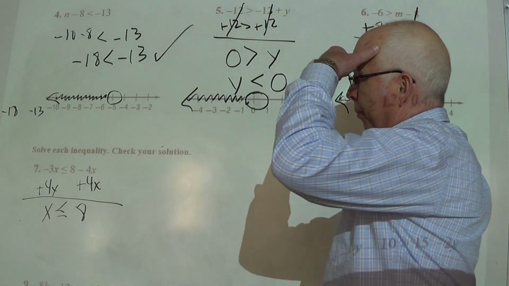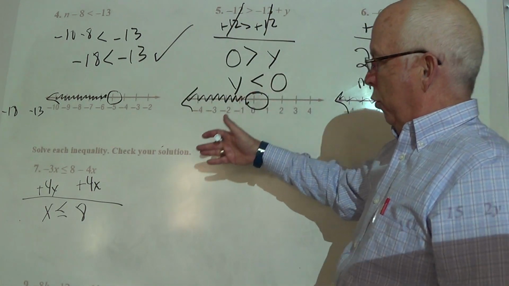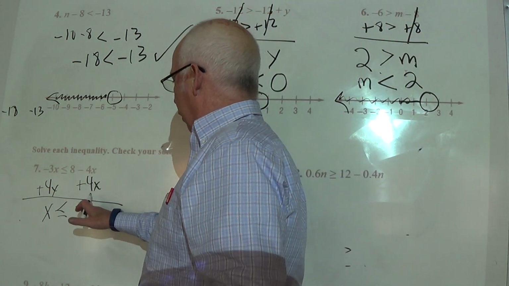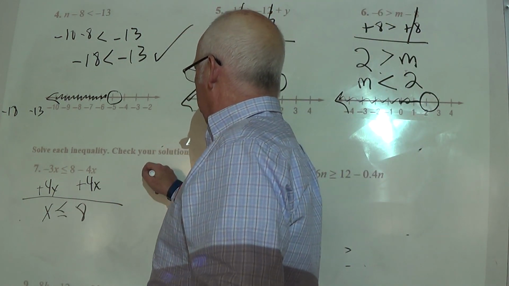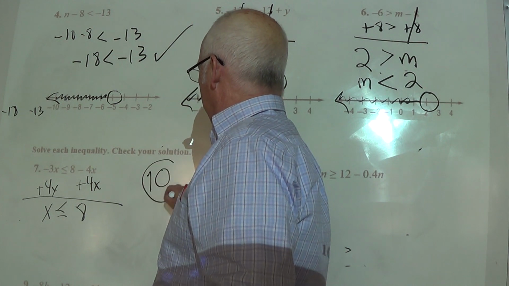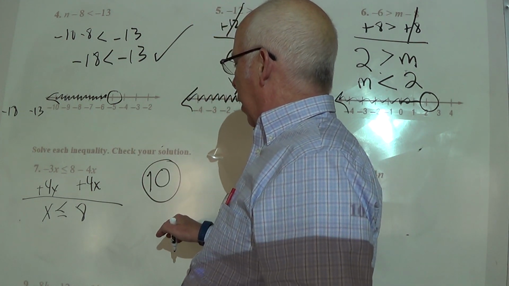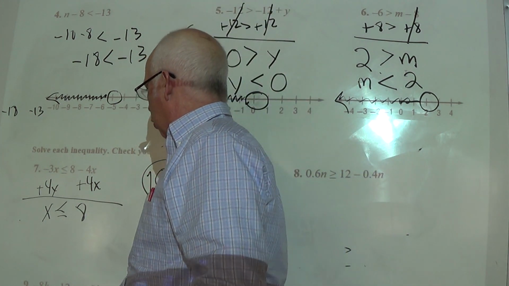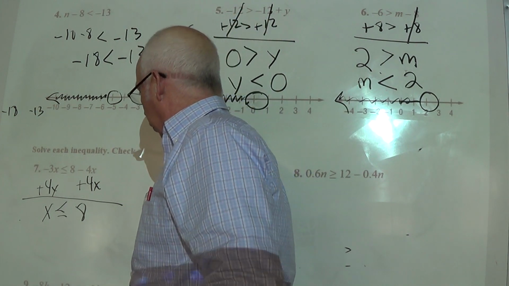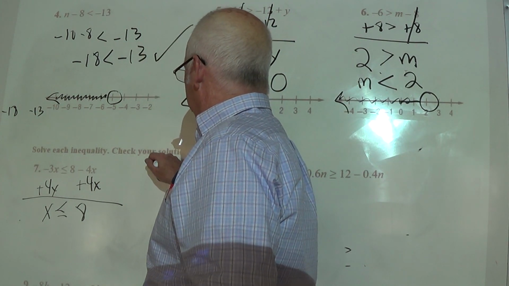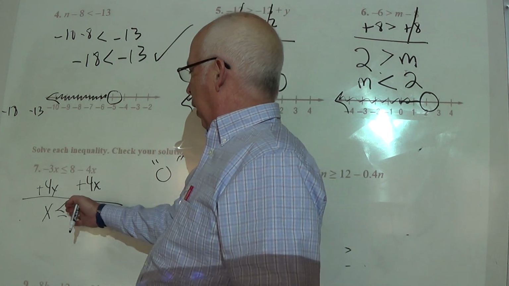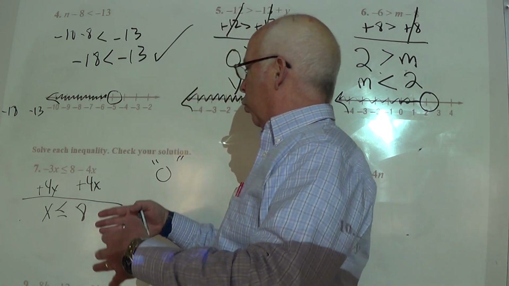So let's do a confirmation on that too to make sure that my solution is any value less than or equal to 8. So let's just pick 10 as an arbitrary value. Actually 10 wouldn't work because that's greater than 8. So let's pick 0. That way we'll keep the math simple. So we're going to say x is 0 because again this x is less than or equal to 8 is a whole solution set.